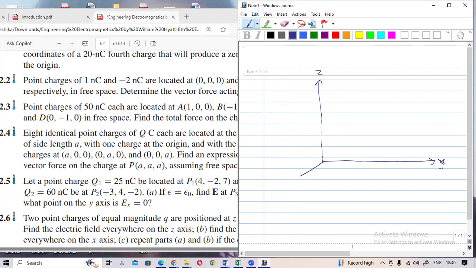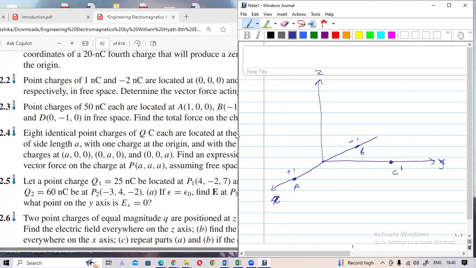Your one point is here, on the X axis. Another point is here, so this is +1 and this is -1. And your one point is here. This is A, this is B, and this is C. Here the Y axis value is 1.